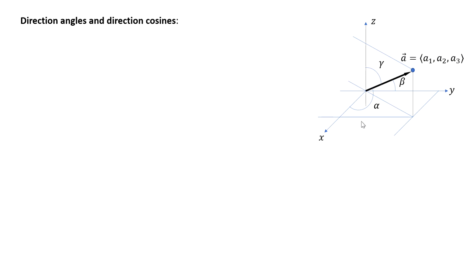Now, while that is one thing, there's one more aspect that we need to cover. Would you agree that even if you look at, say, alpha, we can measure an angle between 0 and 180, or if we go in the opposite direction, we could get something between 180 and 360?